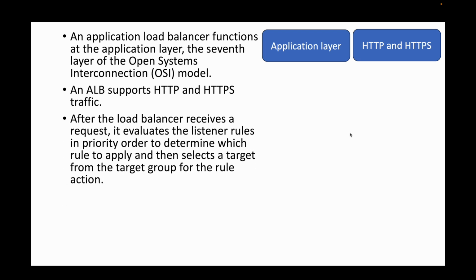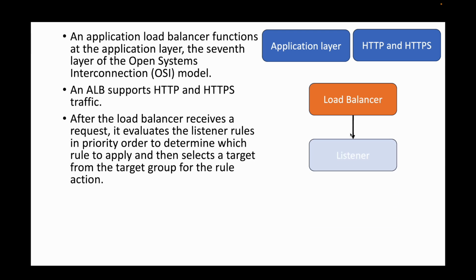Now, under this application load balancer, you'll have a load balancer which will act as the single point of contact. Once this load balancer receives a request, you'll have a listener that you will be implementing. These listeners will have rules, and the load balancer will evaluate these rules in priority order.